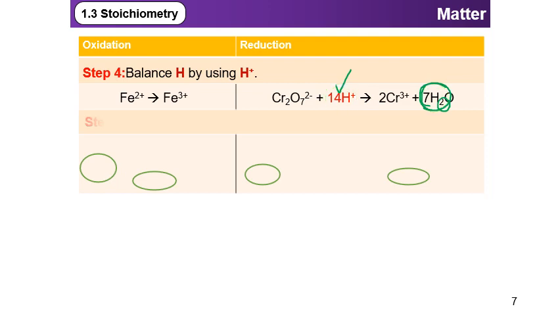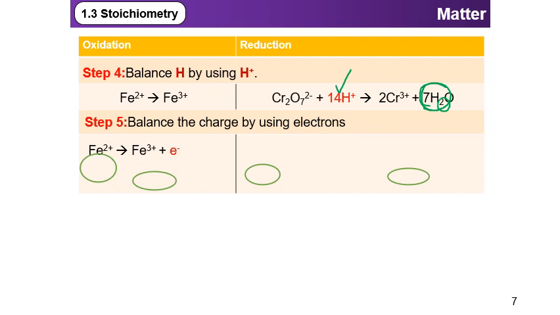Step number 5: now we balance the charge by using electrons. Fe2+ means that the charge is positive 2, and Fe3+ means that the charge is positive 3. When we balance the charge, both the left-hand side and right-hand side have to have a similar charge.